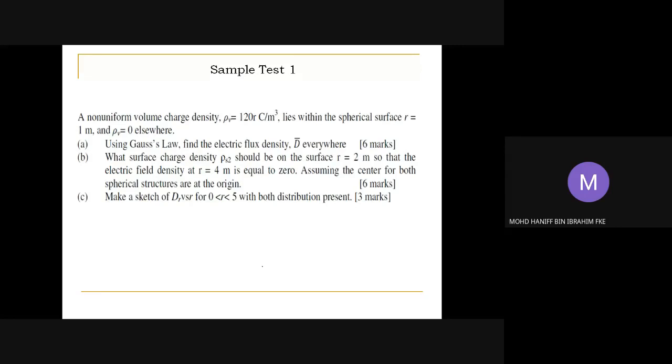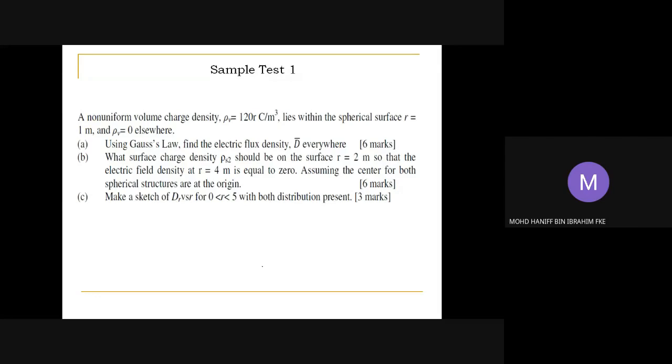Okay, in this question we are given a non-uniform volume charge density, rho v, of 120 r coulombs per meter cube. The volume charge lies within a spherical surface of 1 meter, and rho v equals 0 elsewhere.